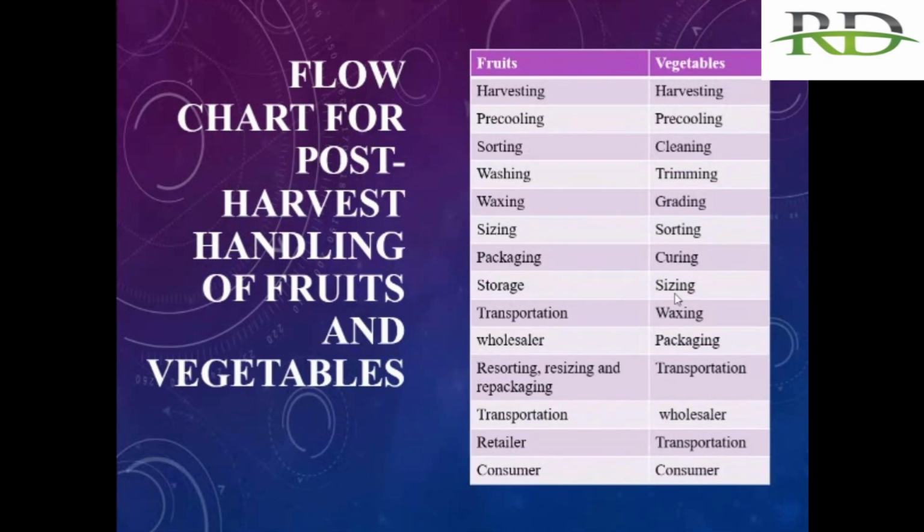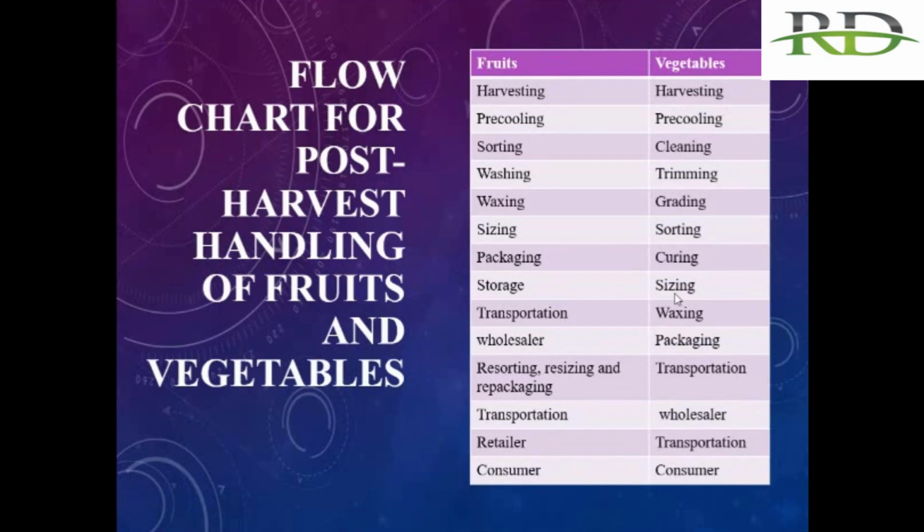We have to trim that, and after that, grading is done, because you can see in okra and tomato, the sizes are very different, round size, oval shape, and in okra, the length also differs. So of uniform length, uniform round size, the grading is there, sorting is there.